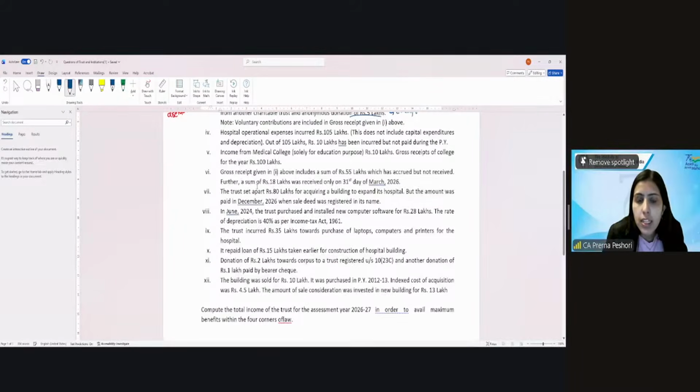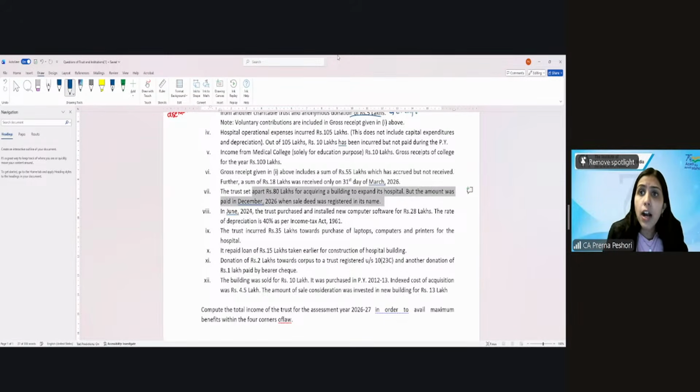Clear. The trust set apart rupees 80 lakh for acquiring the new building to expand its hospital. Amount was paid in December 2026 when sale deed was registered in its name. Expenditure is allowed when it is paid. So next year these expenses will be allowed. Correct. So when it is paid, on that year you will get the expenses.